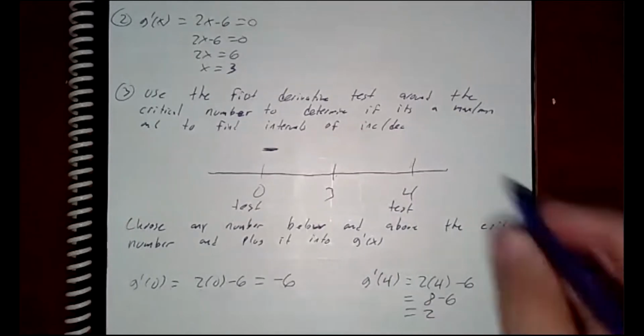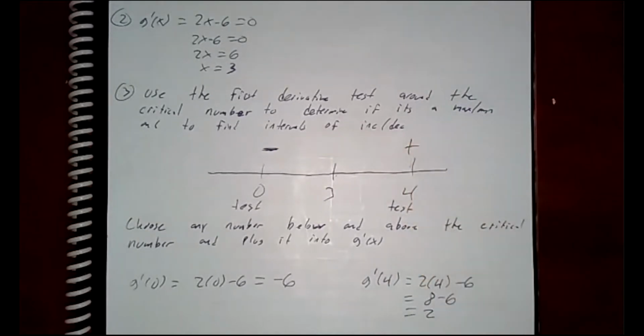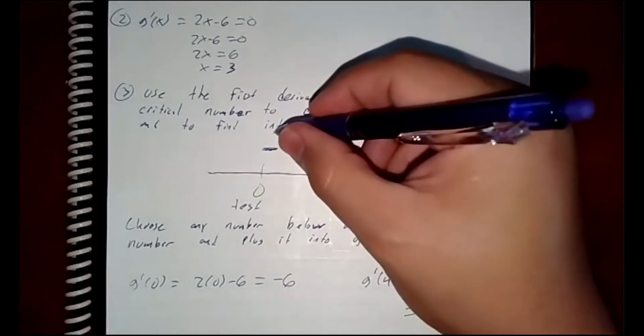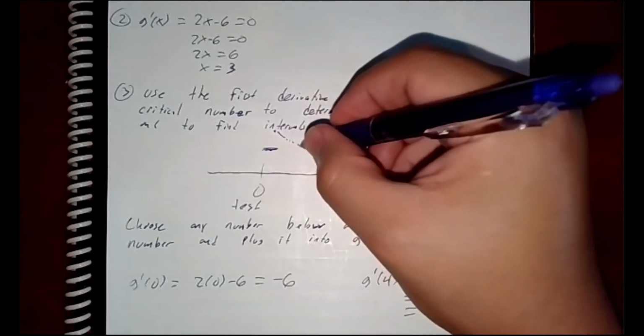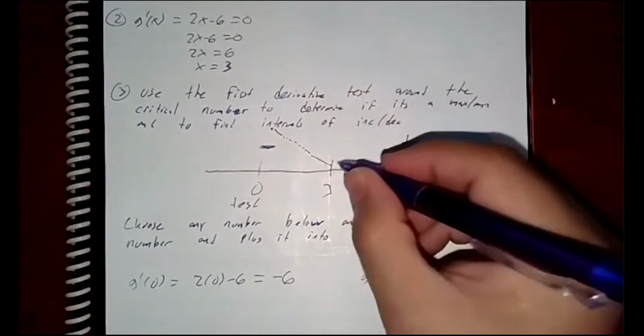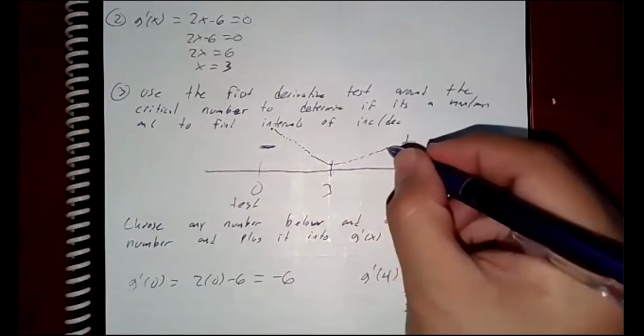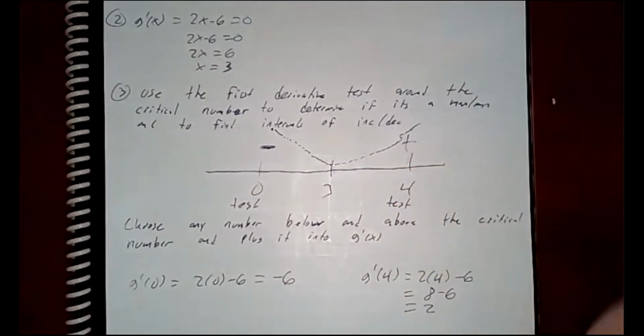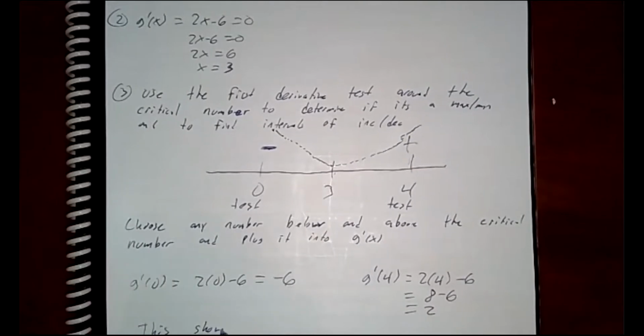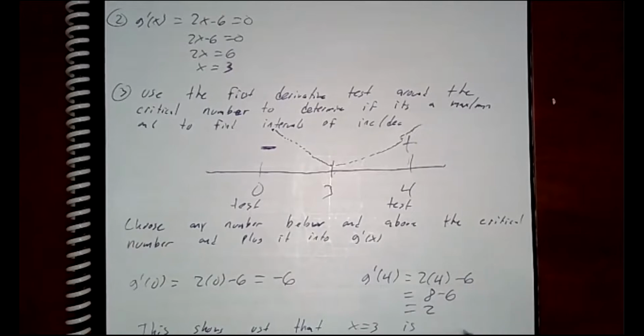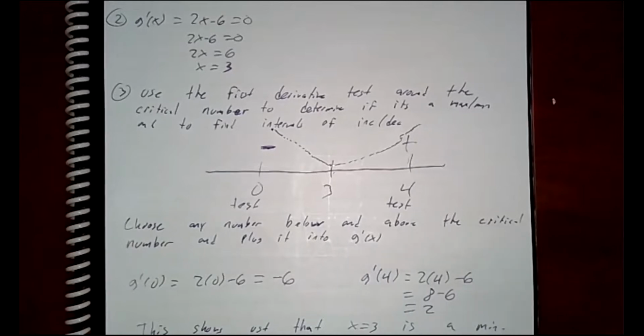This is positive. So since it is a positive number, we're increasing. So what you end up getting is decreasing, and then right after 3, increasing, which shows us that x equal to 3 is a minimum.